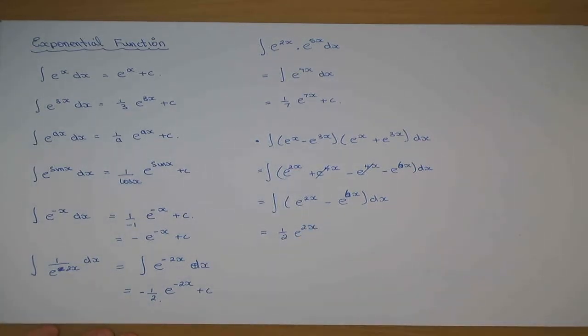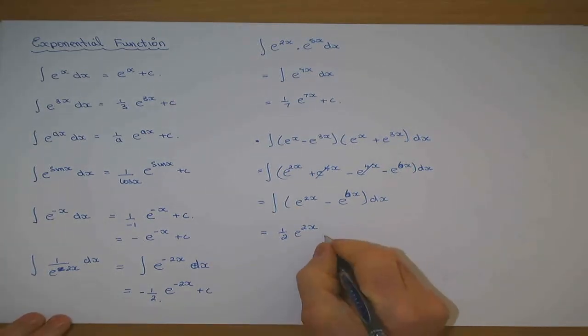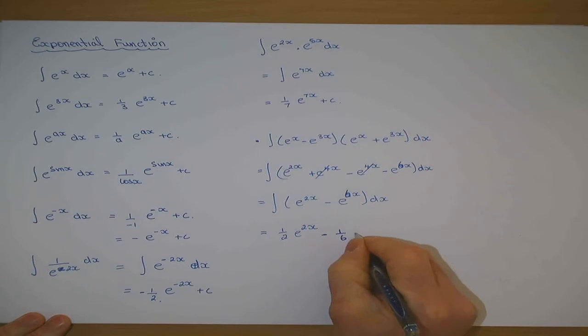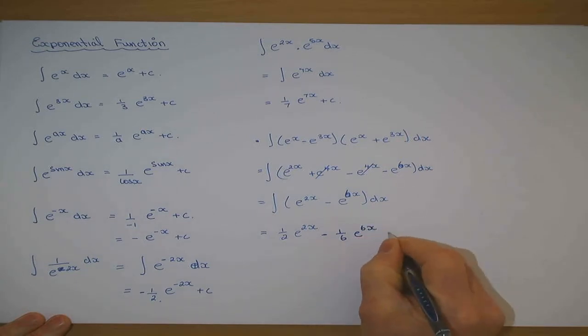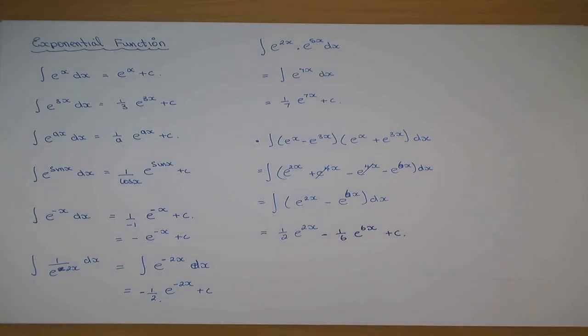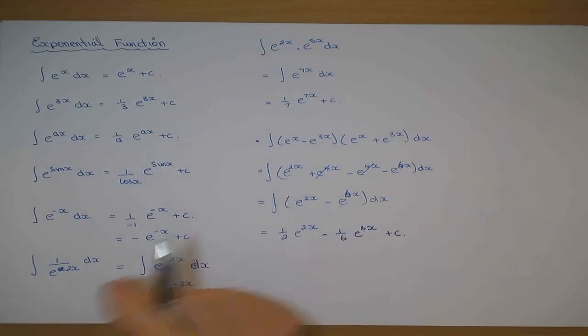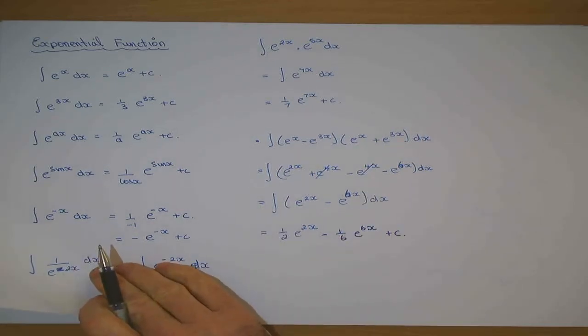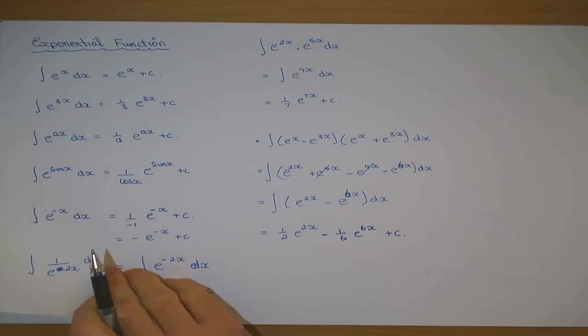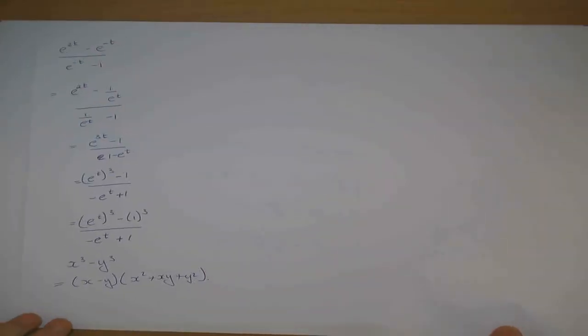And integrate e to the 6x, minus 1/6 e to the 6x plus c. So, do you understand that? Alright? So that is how. If there's a product, what do you do? You multiply it out. Yes, there's no product rule.